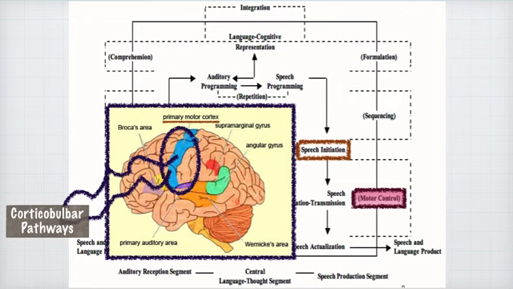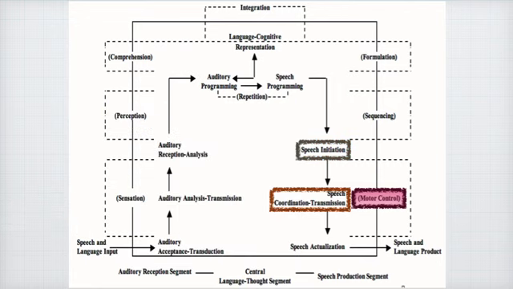Speech initiation, same thing, intention. And then at speech coordination and transmission, she mediates, transmits, coordinates, modulates, facilitates, and inhibits neural signals. It fine-tunes, and this part is the decision on whether to say it or how to say it.